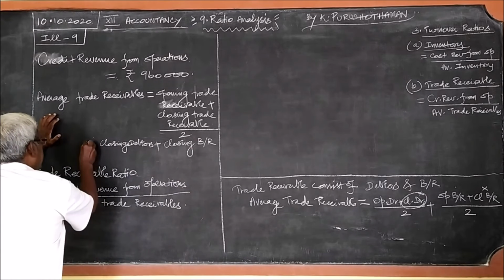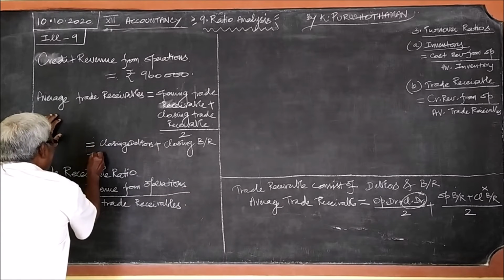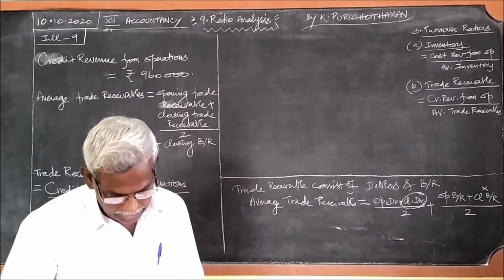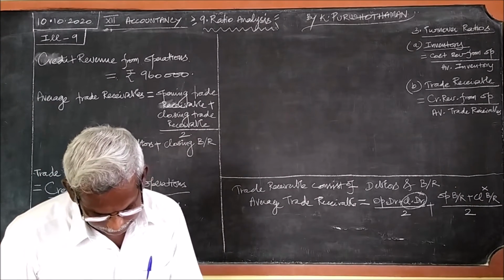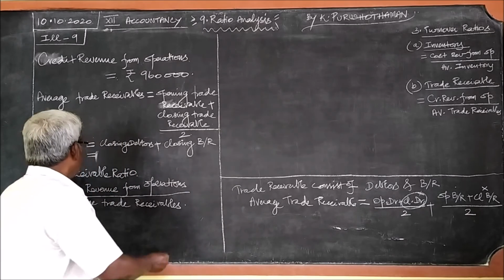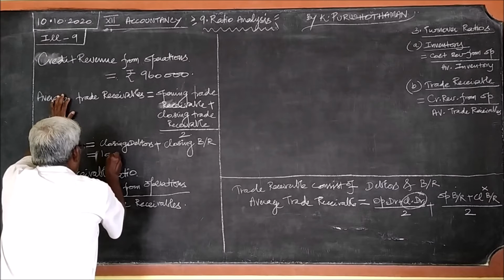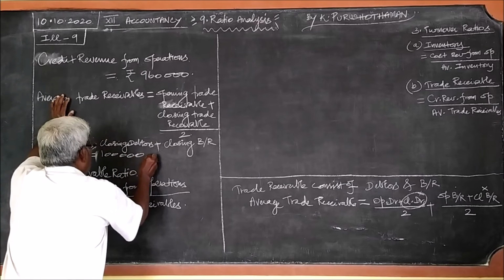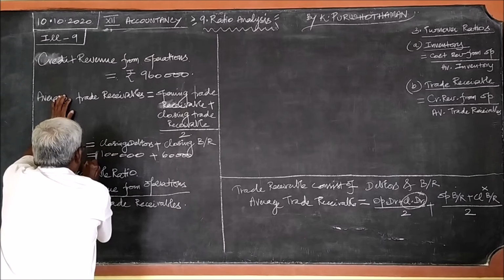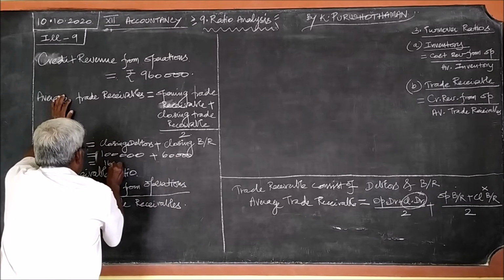No question of dividing it by 2. This is equal to closing debtors amount of 1 lakh and closing bills receivable of 60,000. So 1 lakh plus 60,000 is equal to 1,60,000.